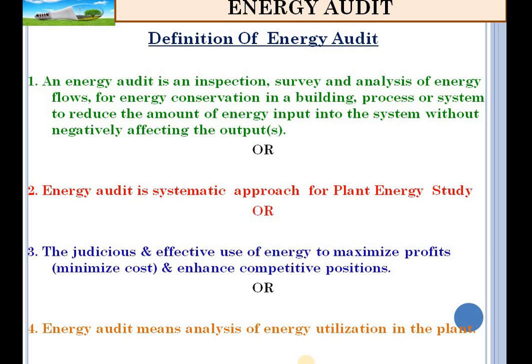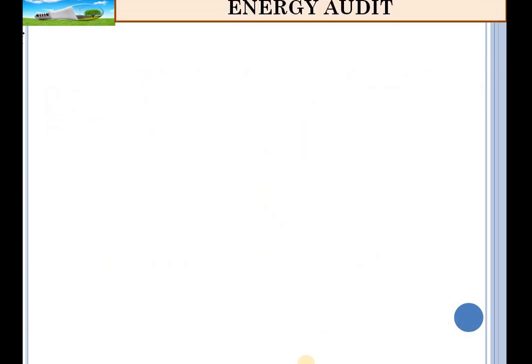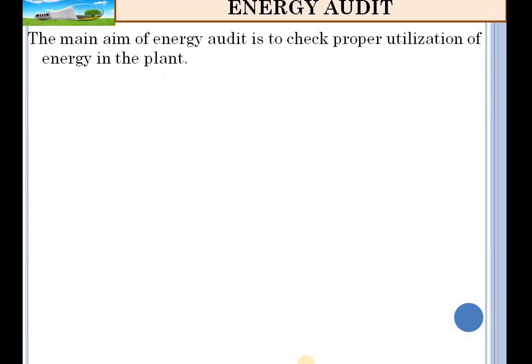So basically energy audit is analysis of energy use in the organization or in the industry, so the study of energy usage is nothing but the energy audit. The main aim of energy audit is to check proper utilization of energy in a plant.